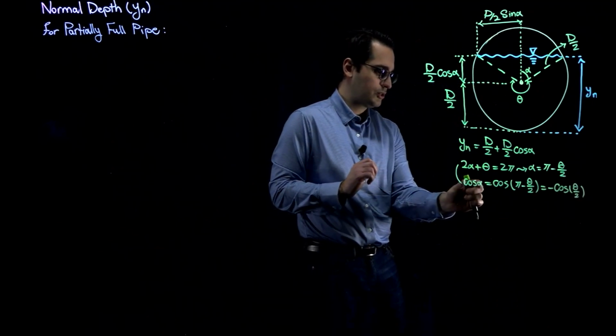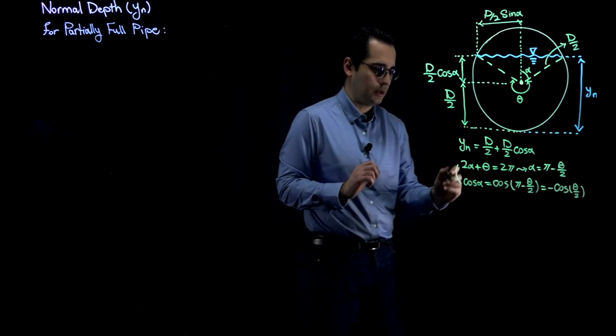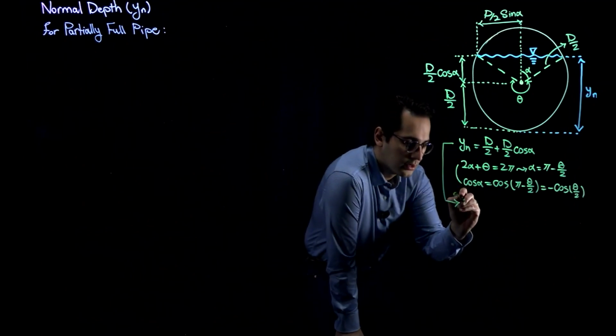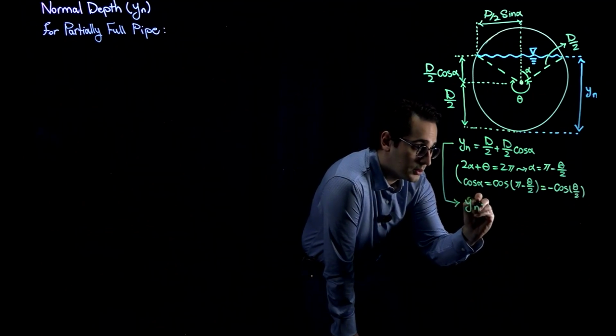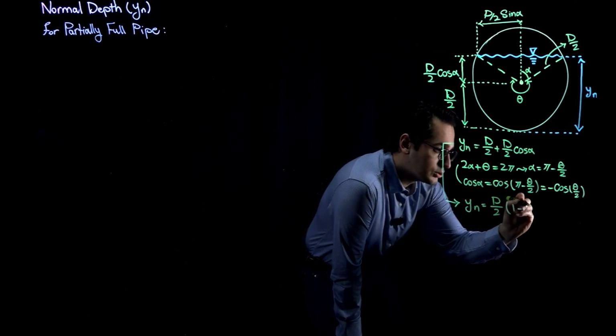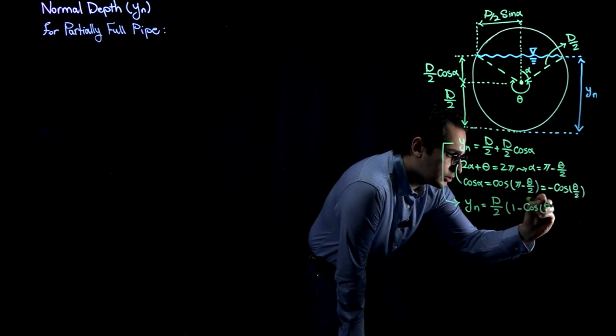All right, so instead of cosine of alpha in this equation, I'm going to put negative cosine of theta divided by 2 and write the yn equation over here. yn would be d divided by 2 times 1 minus cosine of theta divided by 2.